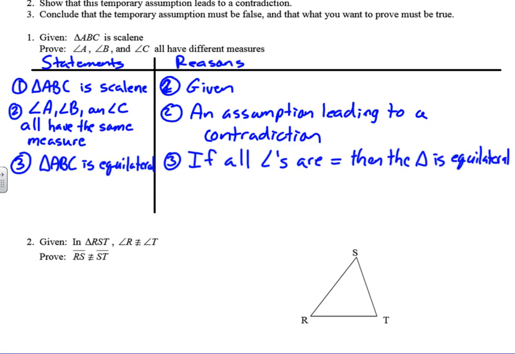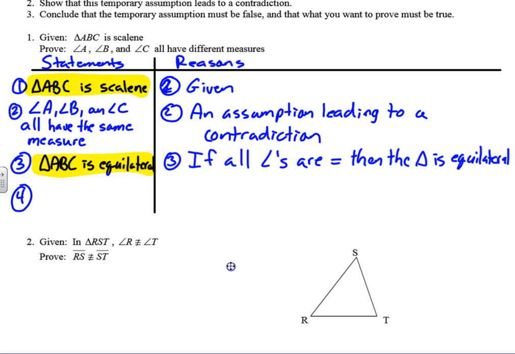Well, we did that because we're actually looking for a contradiction. What do we see here? Triangle ABC is equilateral, triangle ABC is scalene. Those two things cannot exist. So once you have two statements that contradict each other, you found your contradiction. All of this was built off of saying angles A, B, and C all have the same measure, and so this is false.